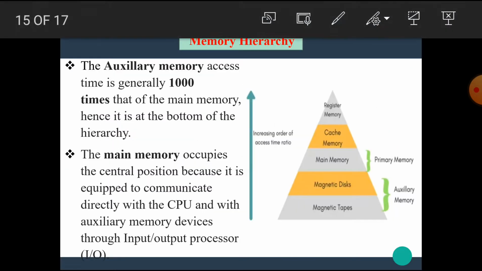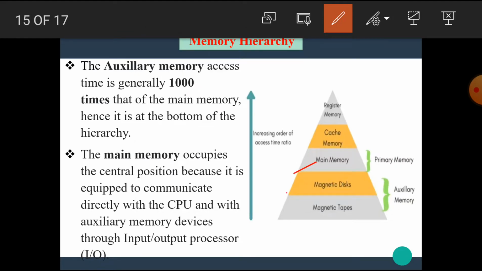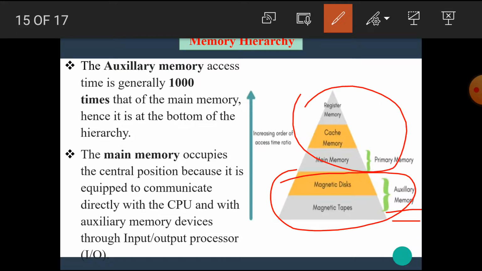Okay. Here is another view of memory hierarchy, which has at the top register memory, cache memory, main memory, magnetic disk, and magnetic tapes. The register memory is also known as the level 0 memory. Cache memory has three levels: level 1, level 2, and level 3. Then the main memory, magnetic disk, and magnetic tapes. The magnetic disk and magnetic tapes are called auxiliary memory, and these are the primary memories.